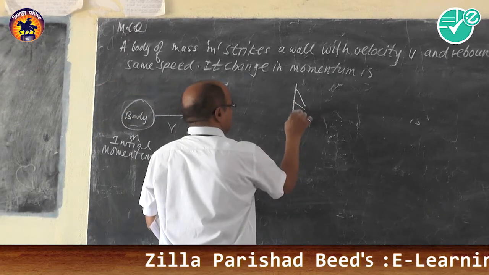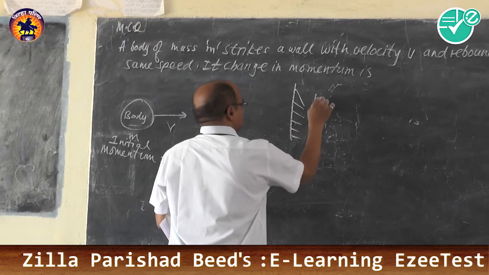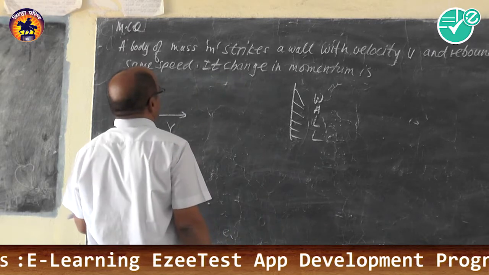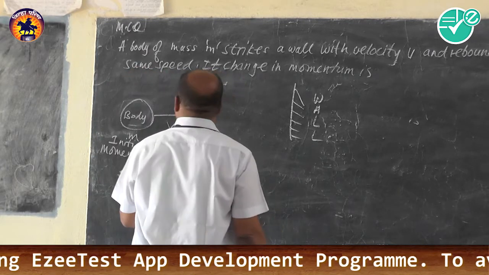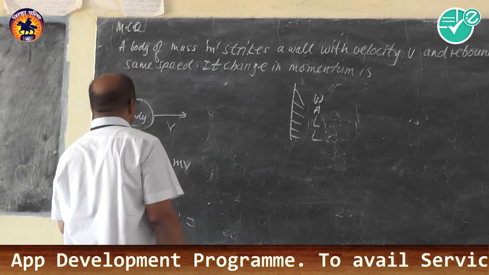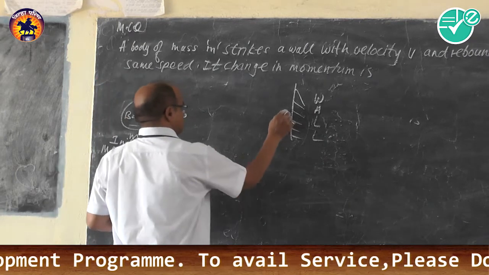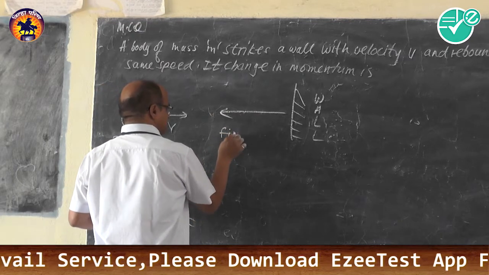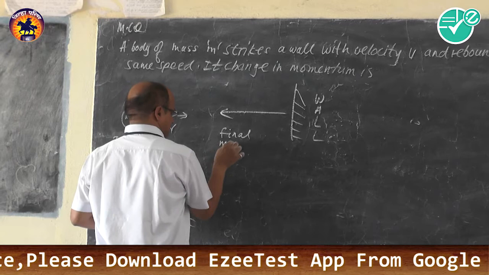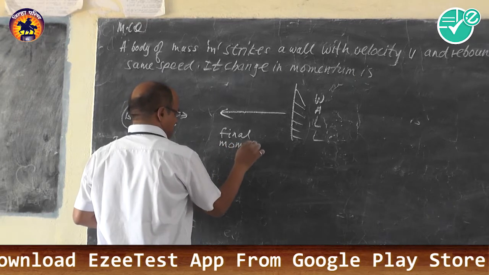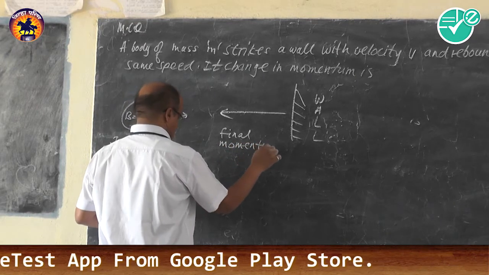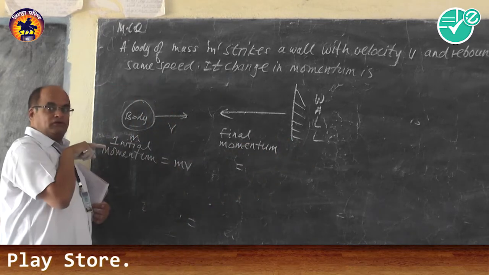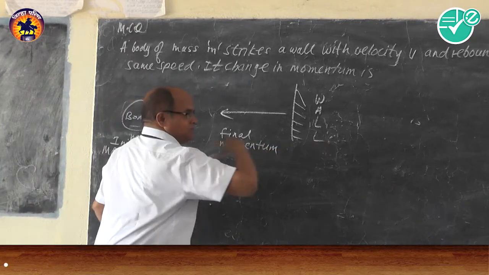Then the final momentum: initial momentum was this way, final momentum is this way.